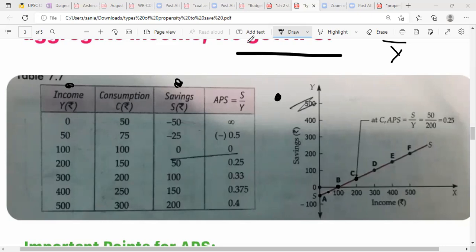Done, ma'am. Okay. Halima, you are also done? I'm doing the graph part. Sorry? I'm doing the graph. Okay, okay.